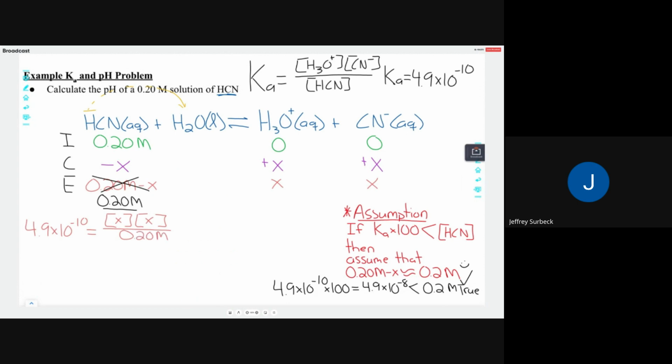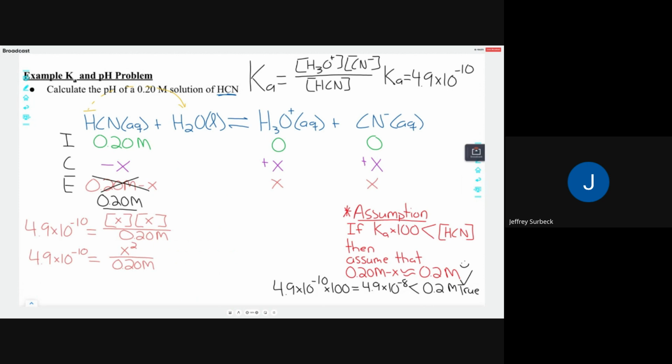We don't have to worry about the minus X. This is going to consolidate to 4.9 times 10 to the negative 10th equals X squared, all divided by 0.2 molar.